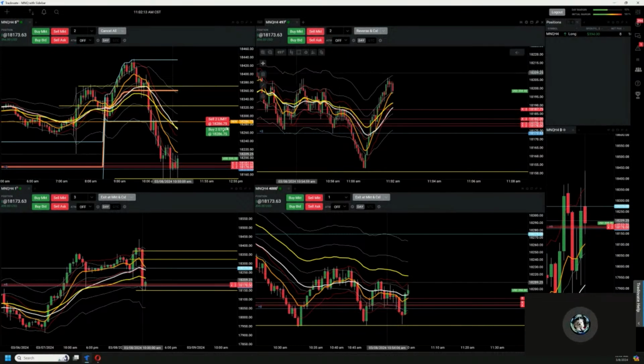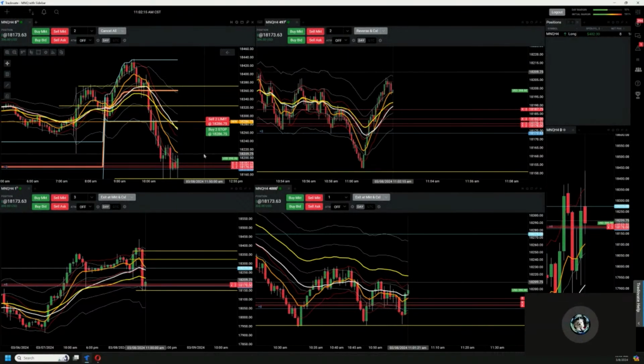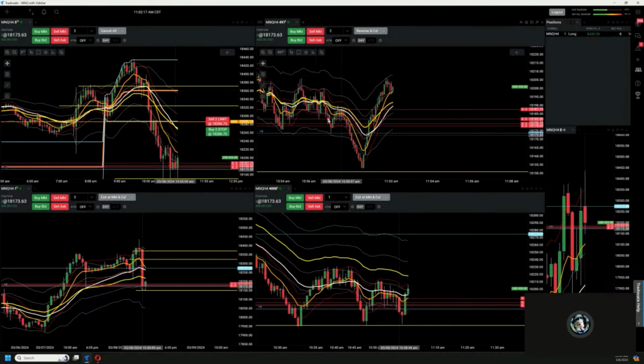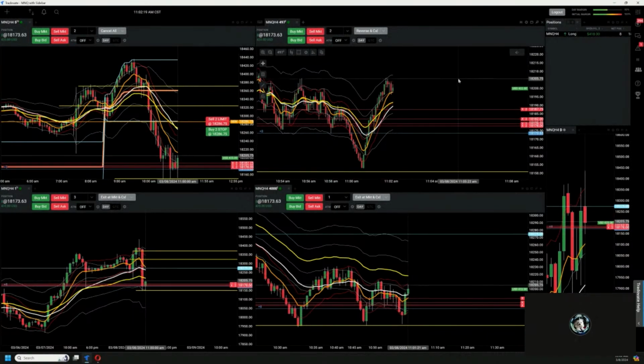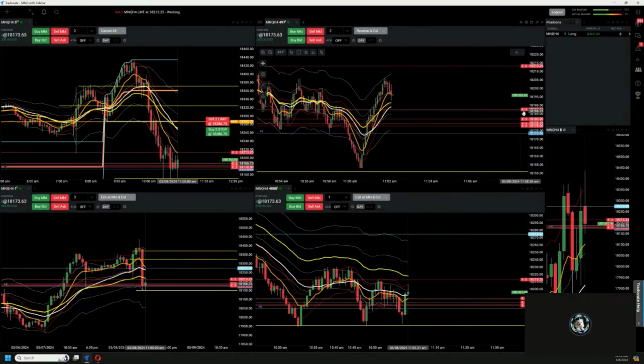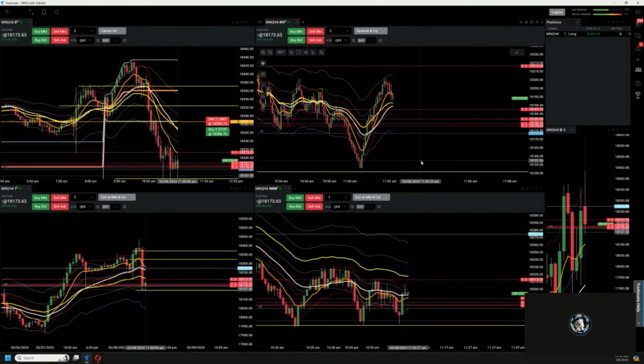I'm being a little greedy by waiting for the exact M9 test on chart 1. That's up here. Especially given the volatility.